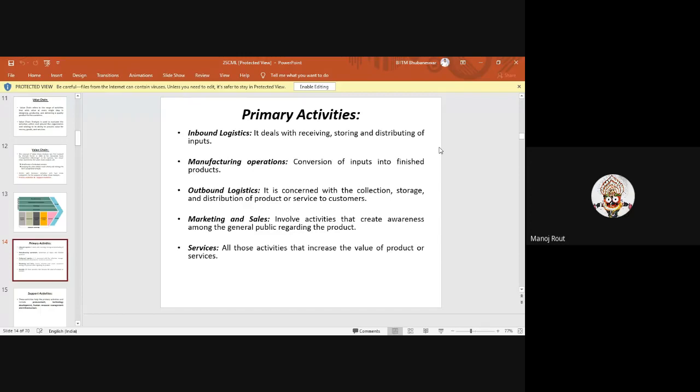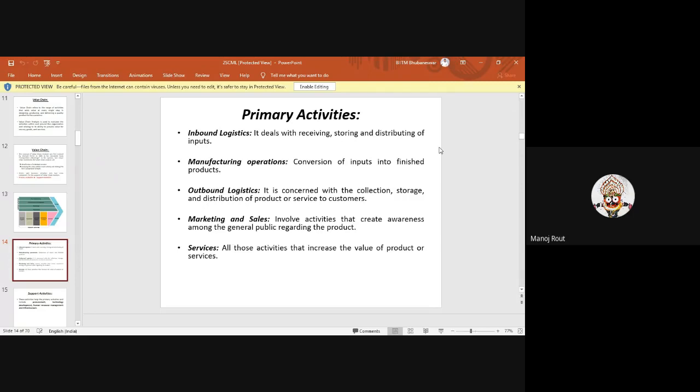That is known as inbound logistics. In that case, they employ automated guided vehicles, and even conveyor belts are employed for transportation of goods. In case of storage, they are making more spacious warehouses that can store bulk amounts of raw materials.